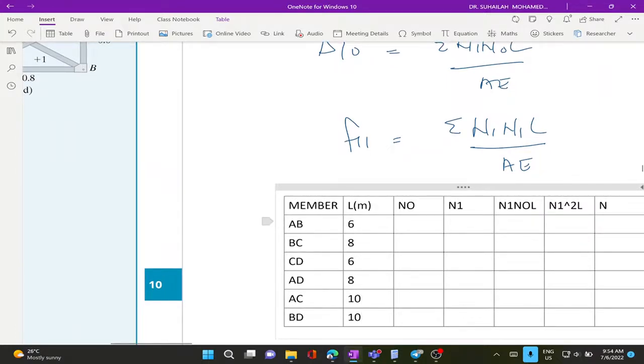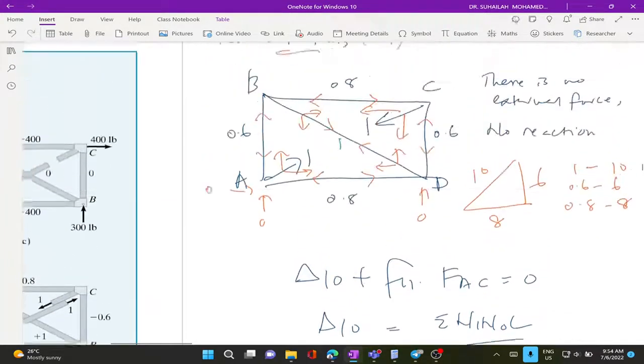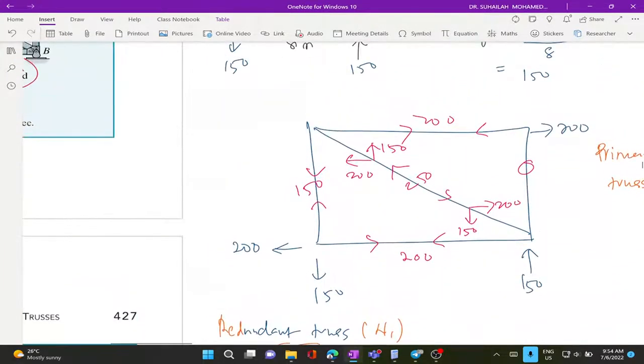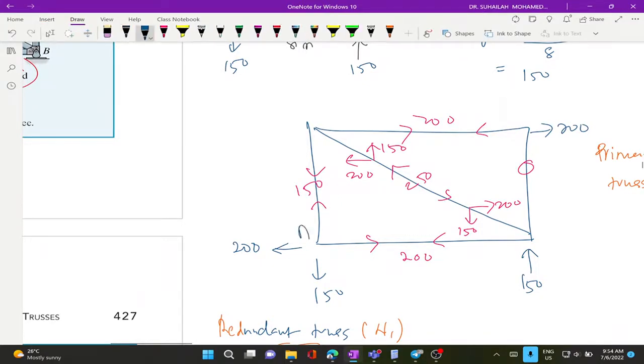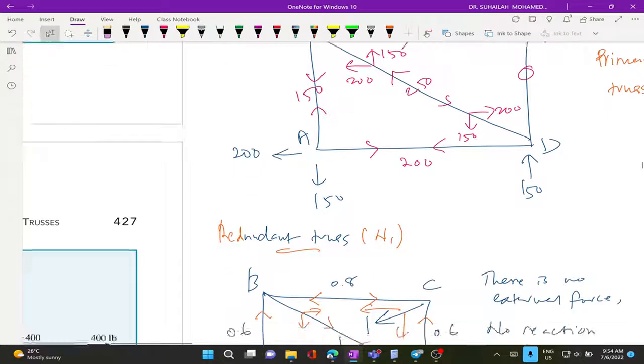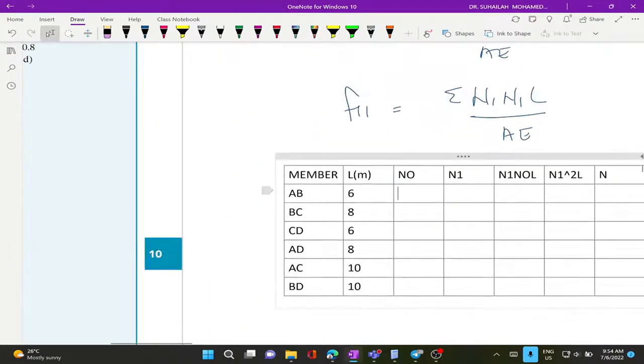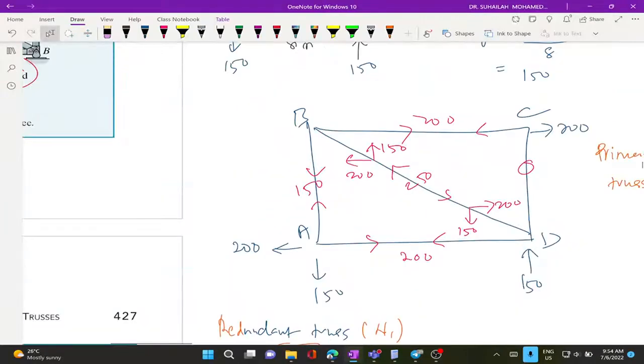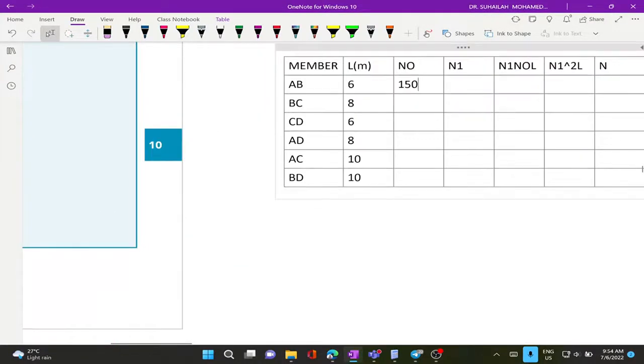Okay, so N naught. We just take the values we get from the primary truss. Here are A, B, C, and D. AB is positive 150. BC is positive 200.